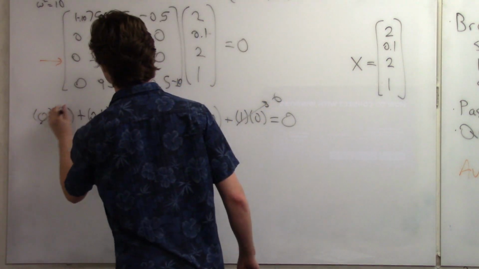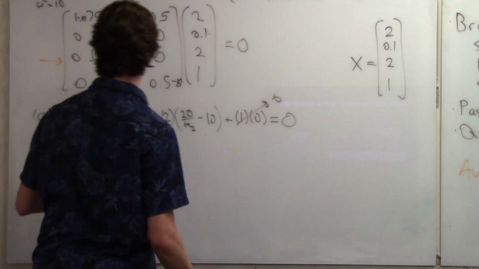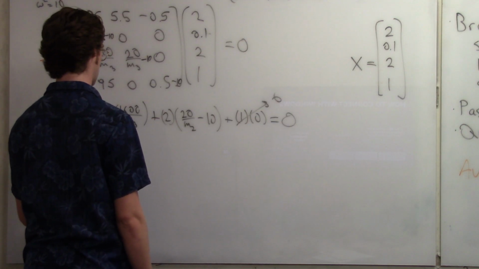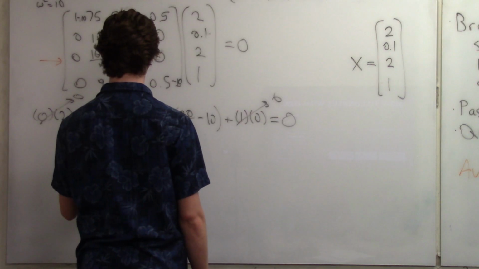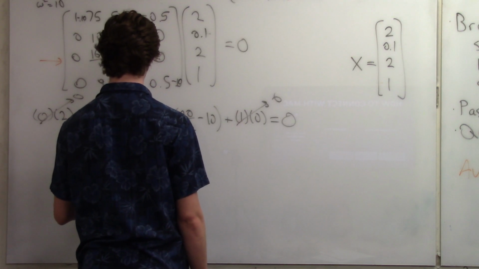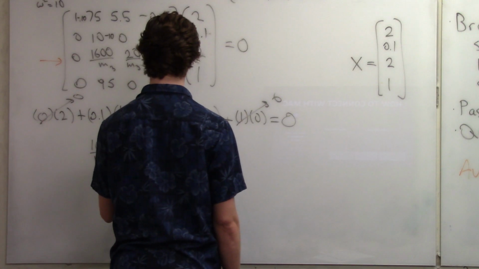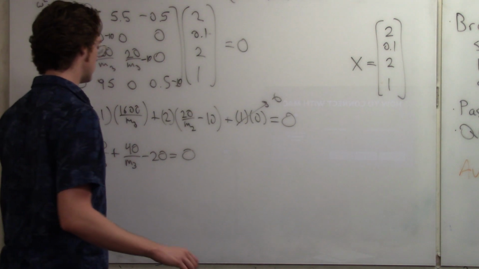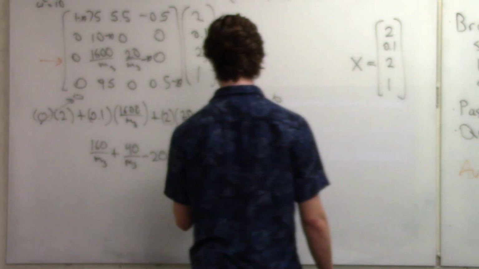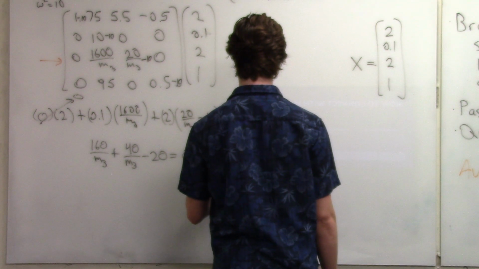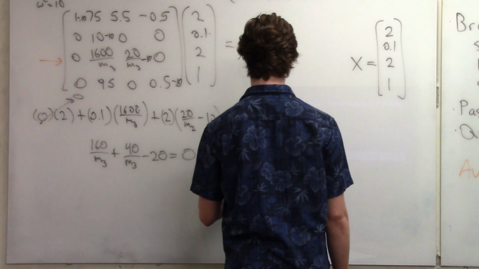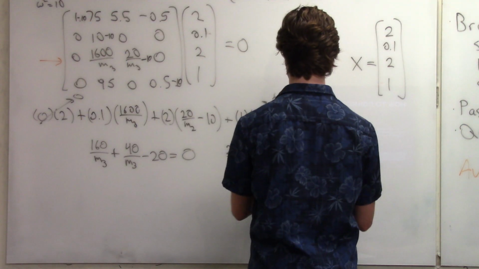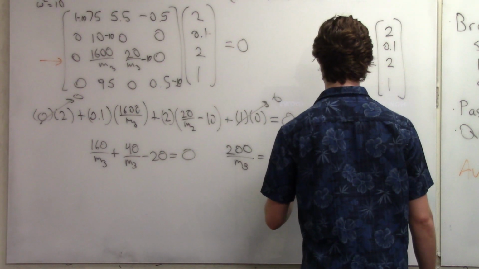These items are going to cancel to 0. Then we're left with 160 over m3 plus 40 over m3 minus 20 is equal to 0. Now this is a simple algebra problem: we have 200 over m3 is equal to 20. We're going to multiply both sides by m3 and then divide both sides by 20. Therefore, that's what this means.